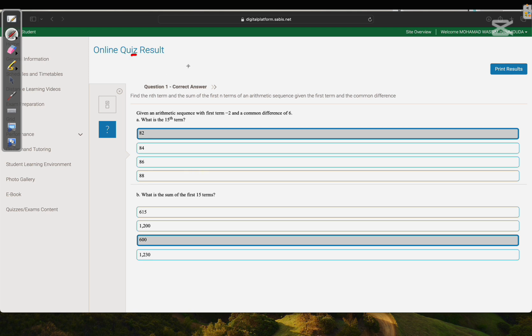So let's call the sequence U of n, which is equal to u1 in this case, plus n minus 1 times d. n being the number, like here the 15th term.